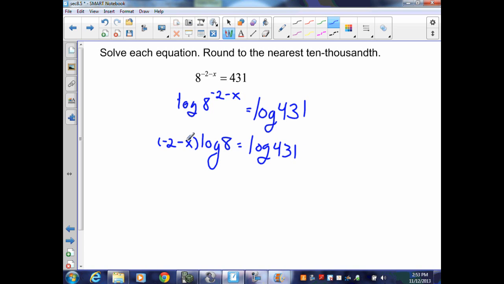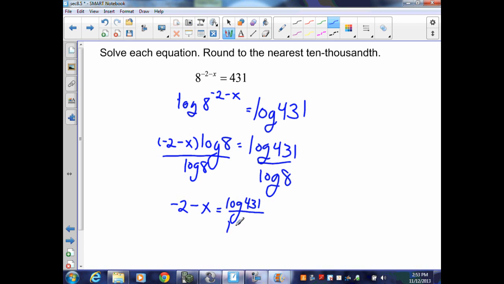The log of 8 is multiplying my quantity, so I'm going to divide both sides by the log of 8. That gives me a negative 2 minus x equals the log of 431 over the log of 8.